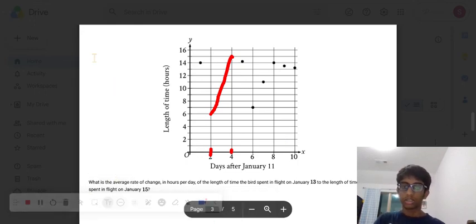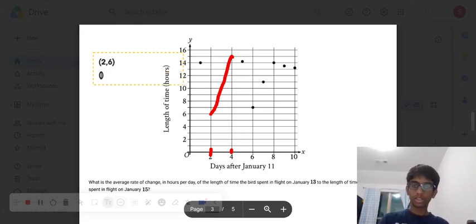So we have the points (2, 6) and (4, 15). Delta y is equal to 15 minus 6, which is 9, and delta x is 4 minus 2, which is 2. Delta y over delta x is 9 over 2, or 4.5. You can do both in the SAT.